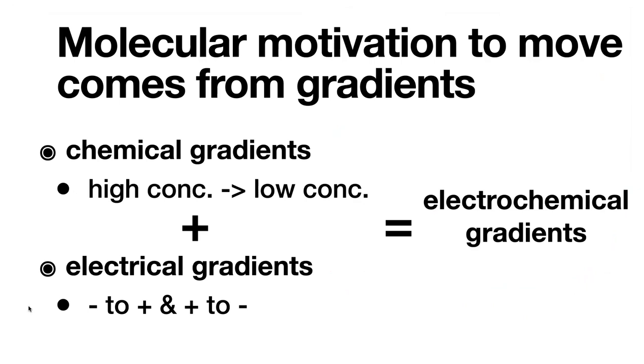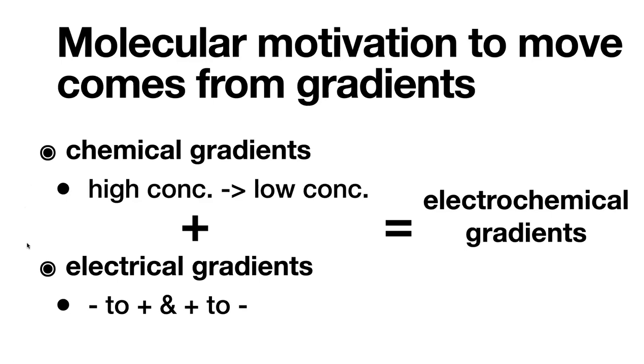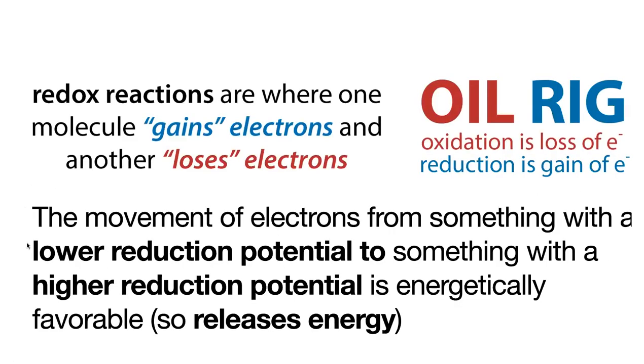When you move things down a gradient, that is going to be thermodynamically favorable. That's going to release energy, and that's going to be the energy that we're going to be using. So this energy that we create through the pumping of the protons is going to be used to generate our ATP. But we need to create that gradient, and that gradient is going to be created through a series of redox handoffs.